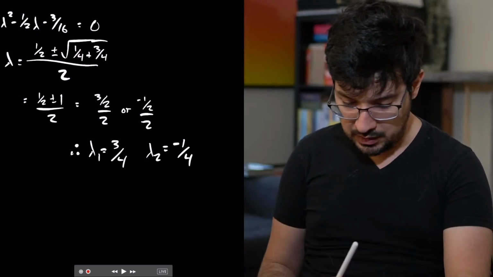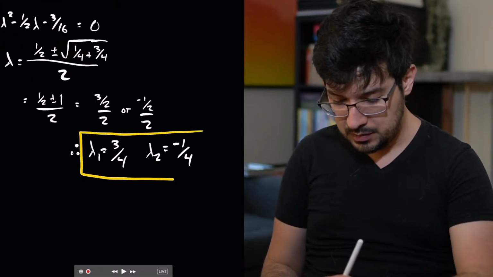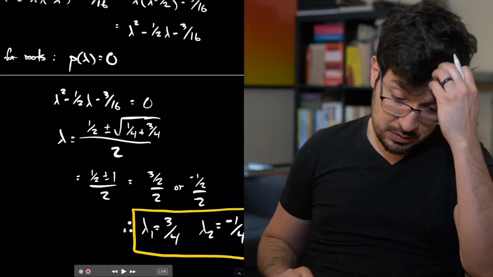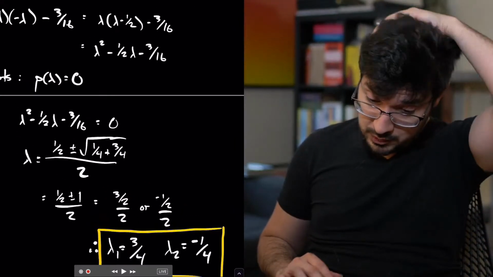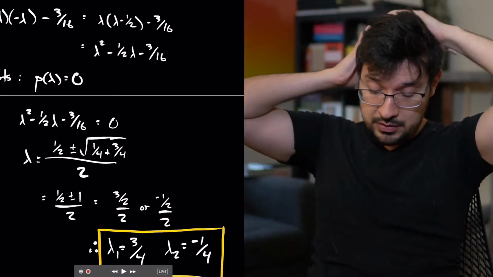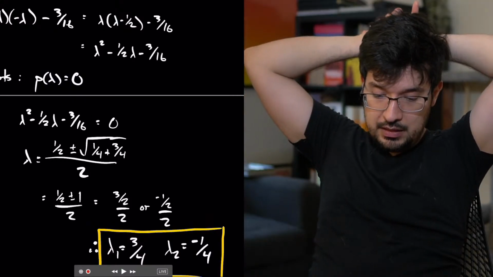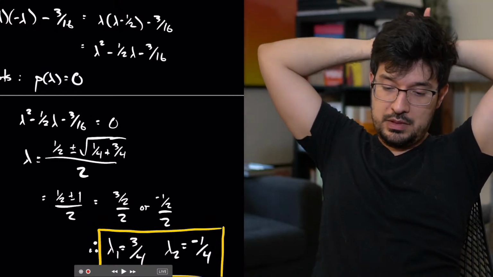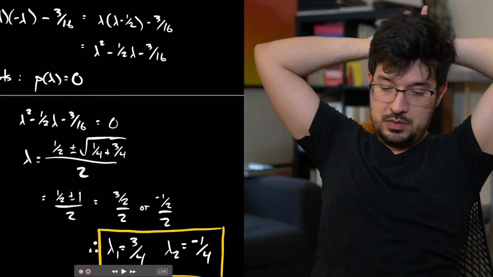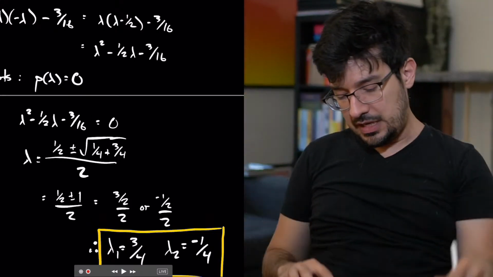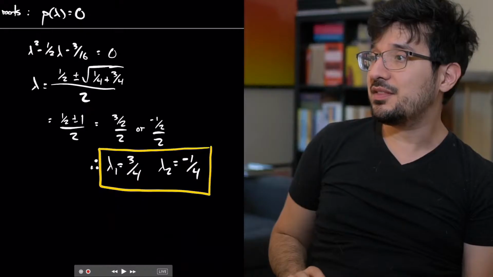These are our eigenvalues. Looking at the original and trying to confirm that, we have 9/16 minus 3/8 minus 3/16. That sounds about right. Okay. I'm pretty sure I got those correct.